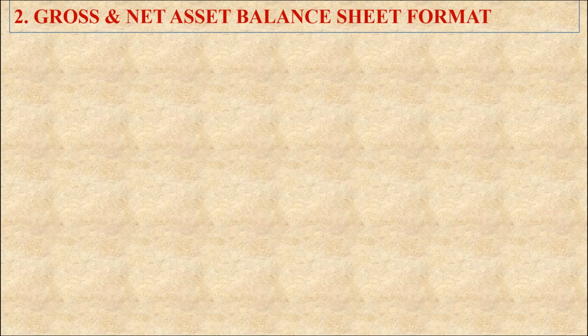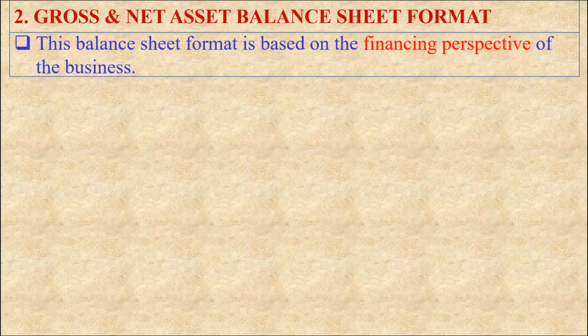category of balance sheet format, and this is the gross and the net asset balance sheet format. What about this? This balance sheet format is based on the financing perspective of the business. What do we mean by this?